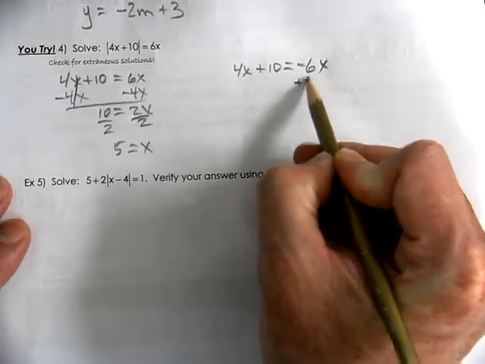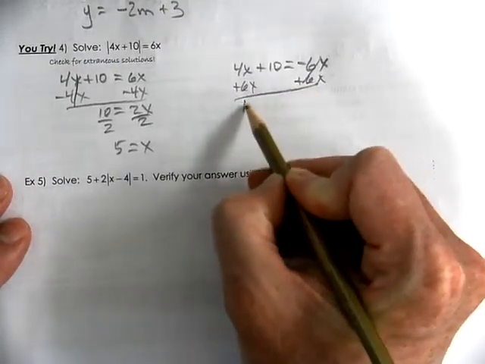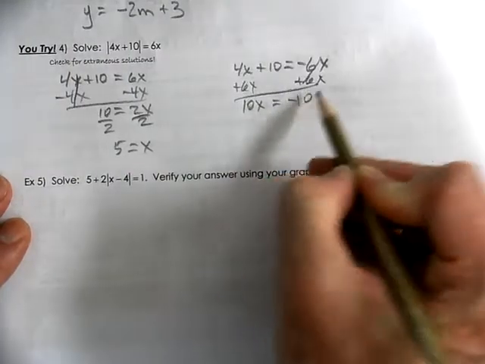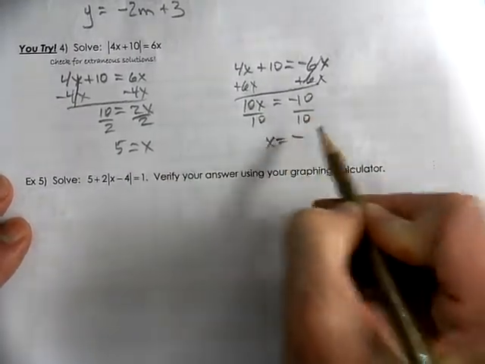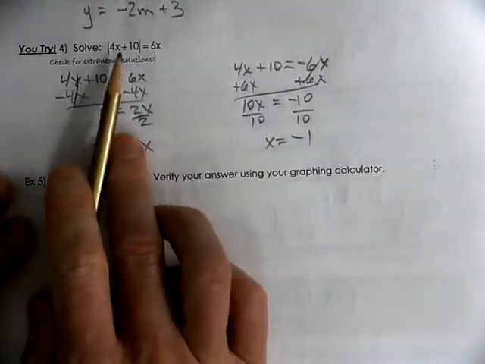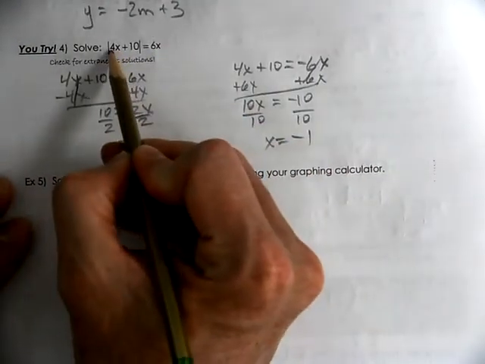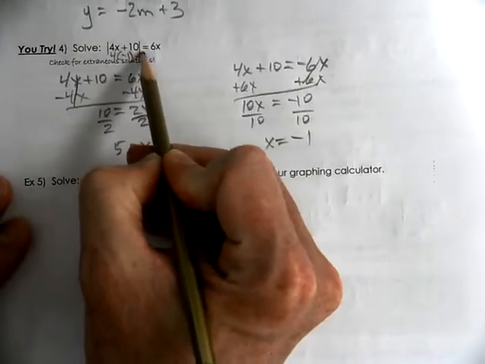Here, if I brought my 6x over, then I'm going to have nothing left on the other side. I would have to subtract my 10 to the other side, and that would give me negative 1. And when I plug in negative 1, I get 4 times negative 1, that's negative 4 plus 10.